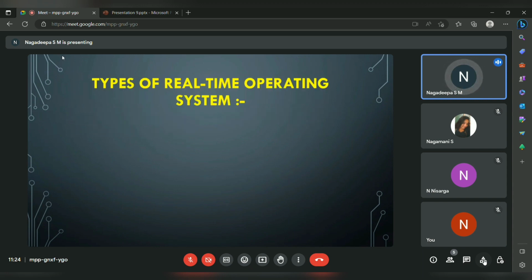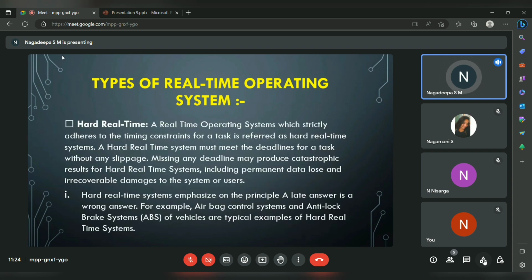There are two types of real-time operating system: hard real-time operating system and soft real-time operating system. Hard real-time operating system: a real-time operating system which strictly adheres to the timing constraints for a task is referred to as a hard real-time system. A hard real-time system must meet the deadlines for a task without any slippage.